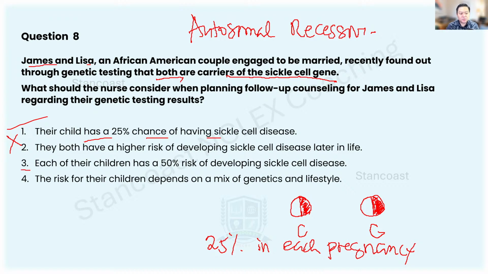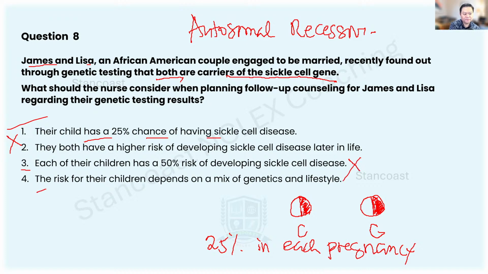Each of their children has a 50% risk of developing sickle cell disease. Well, remember that inheriting one sickle cell gene does not necessarily mean that they can develop it. So this is also a wrong statement.